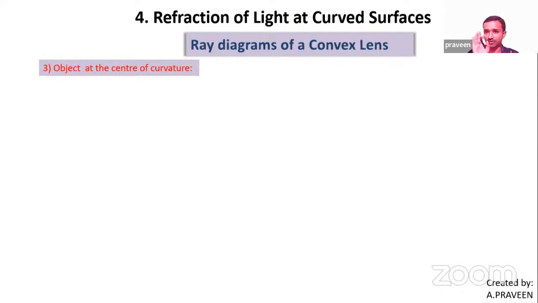If you are in confusion, please give me your live comment. I am following the comments also, so I will immediately give you an answer for your question. Okay. So now the object is placed at the center of curvature. What are the characteristics of the image obtained when the object is placed at the center of curvature?